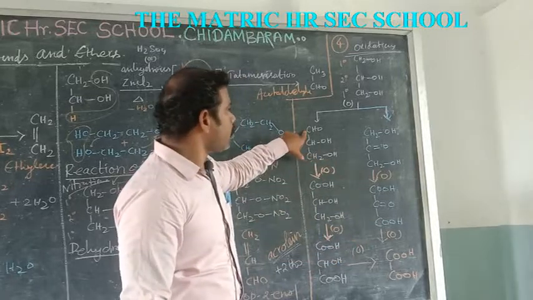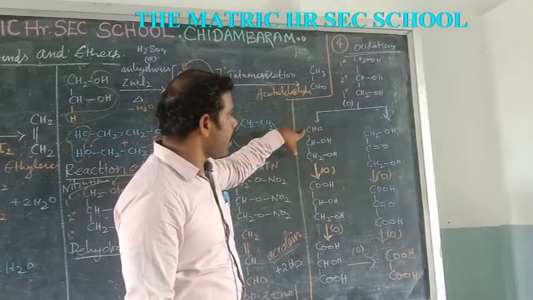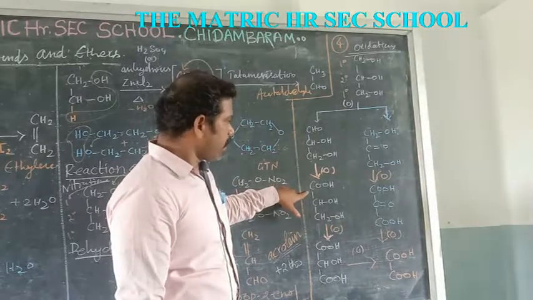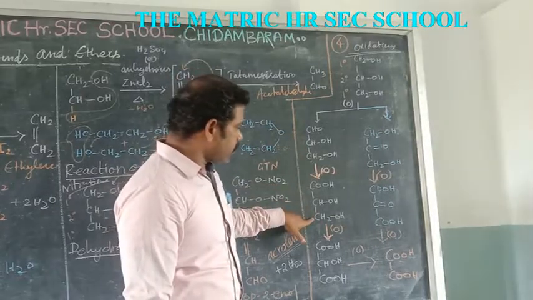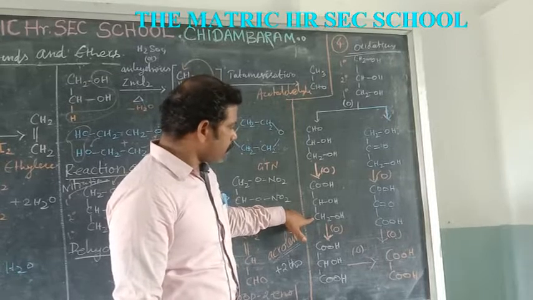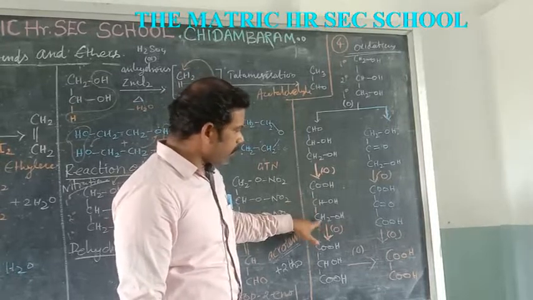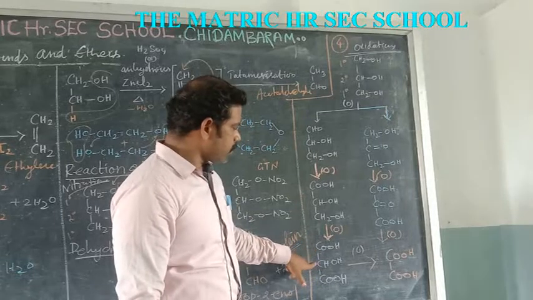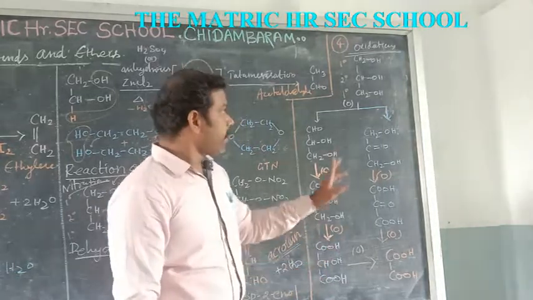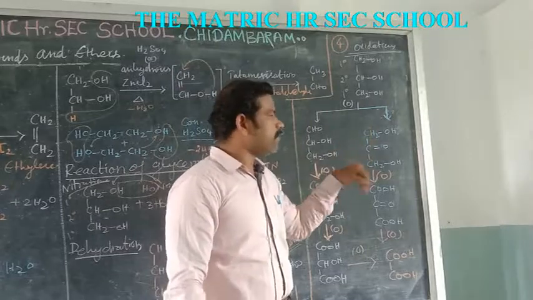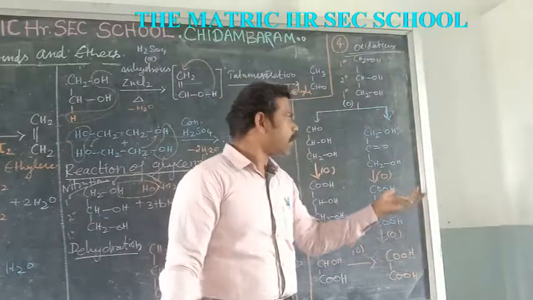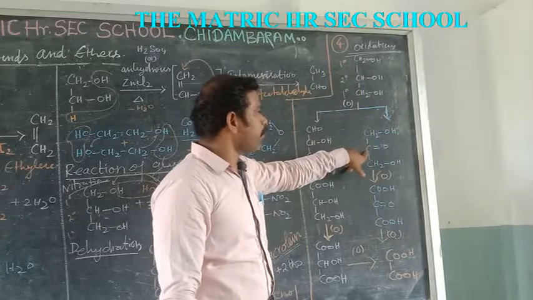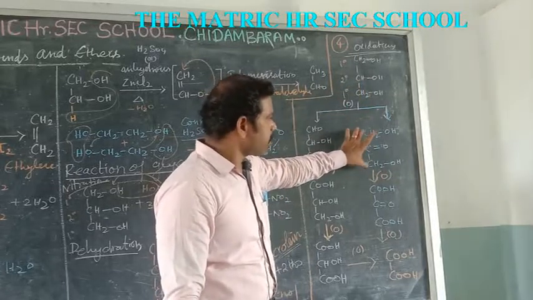This is another primary alcohol. First it goes to the aldehyde, then acid. So you will get COH, CHOH, COH. Okay. At the same time, we can first oxidize the secondary alcohol. Secondary alcohol oxidizes, you will get the ketone compound. The primary alcohols remain.